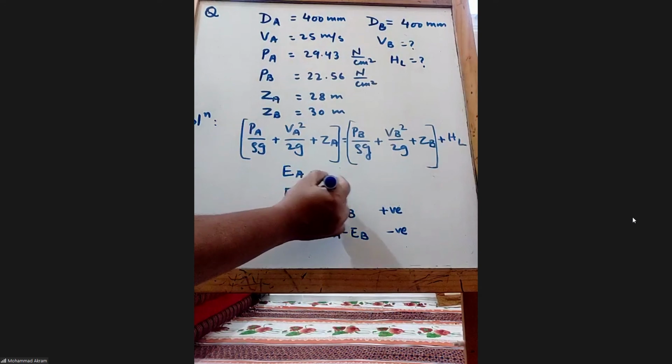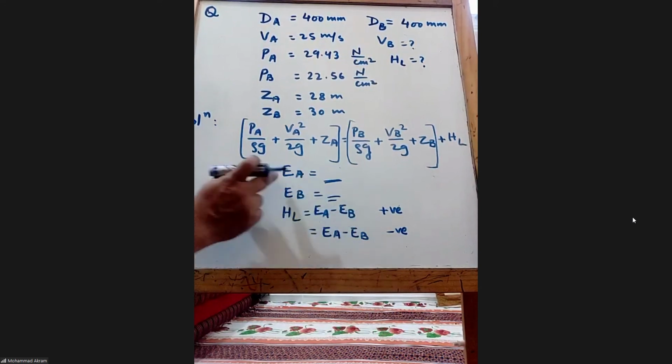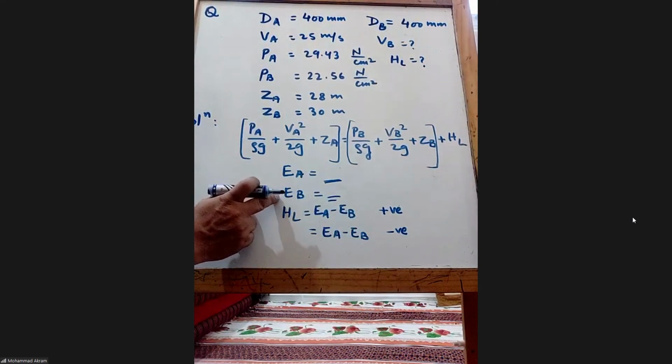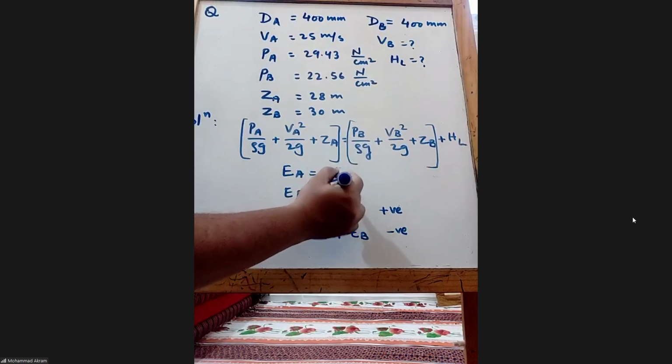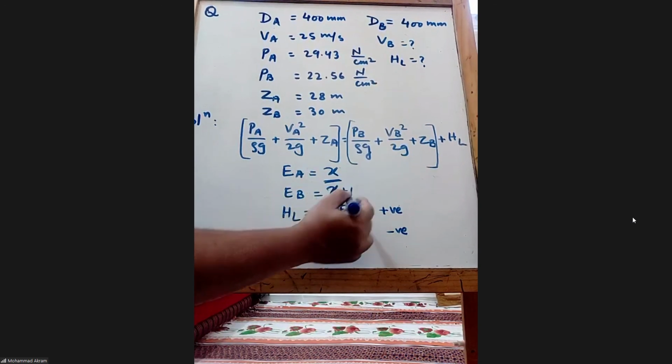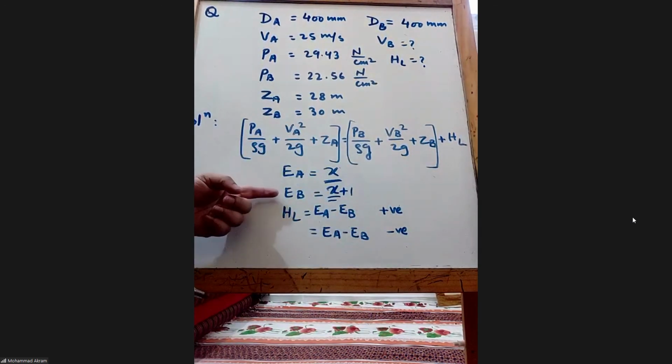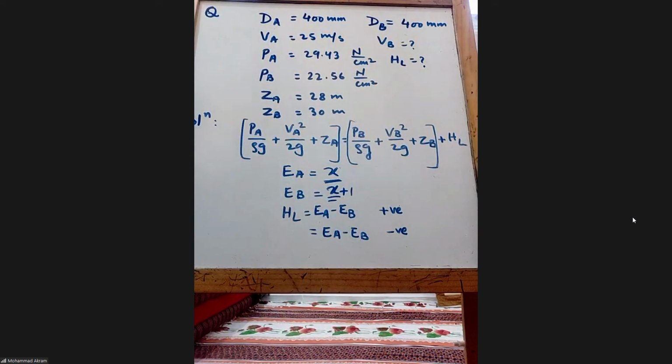Whichever is higher, you are getting EA and EB. Say this is X and this is X plus 1, for example. If this is more than this one, then from which direction is it flowing? A to B or B to A? B to A, because this is more than this, right? Yes.